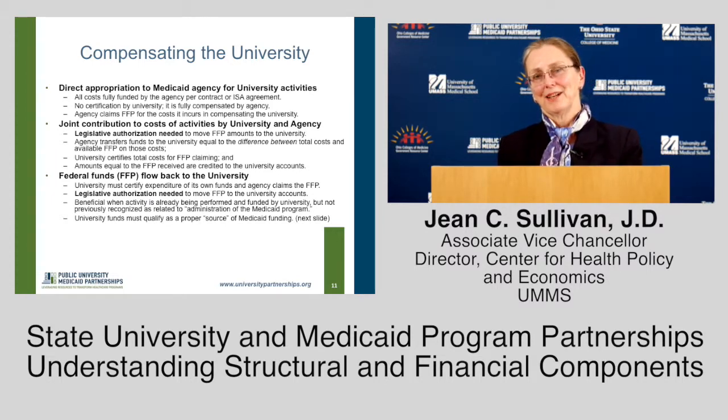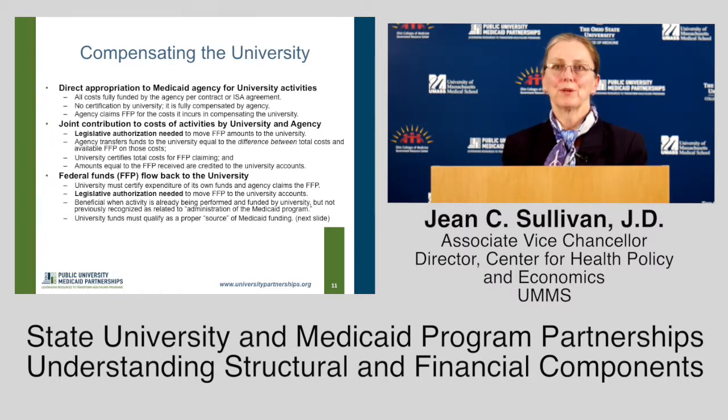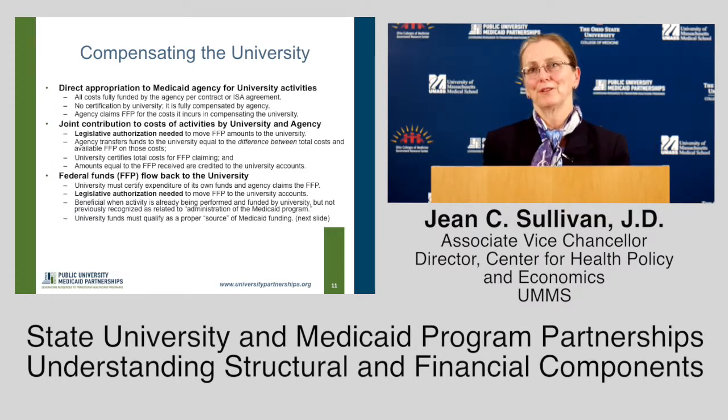Most important is how you take the added FFP that's now available for all those expenditures and use it to compensate the university for the activities. And there are 3 ways that states do this, and all of them are permissible, and depending on circumstances, you might use 1 or 2 or all 3 of these.